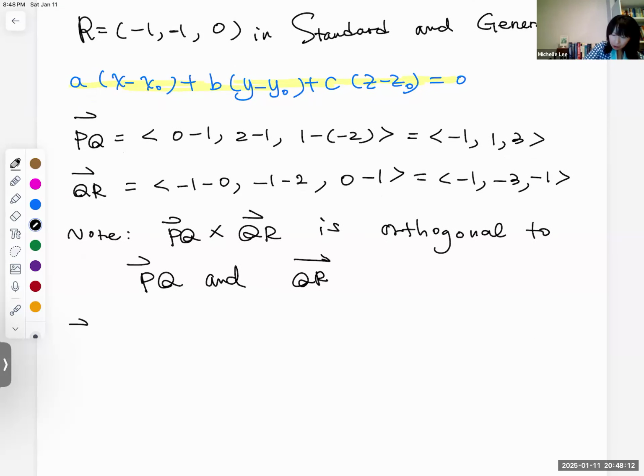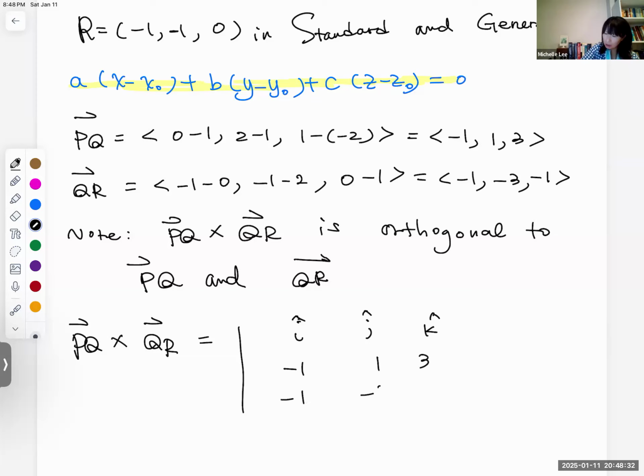So PQ cross product with QR, which is I, J, K. So we just found negative 1, 1, 3, negative 1, negative 3, negative 1.